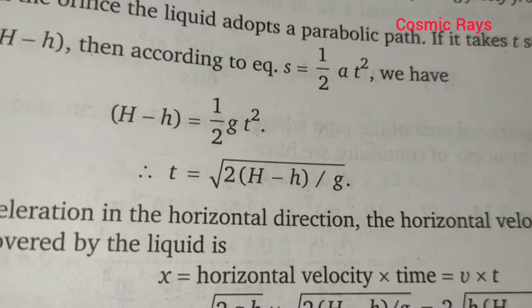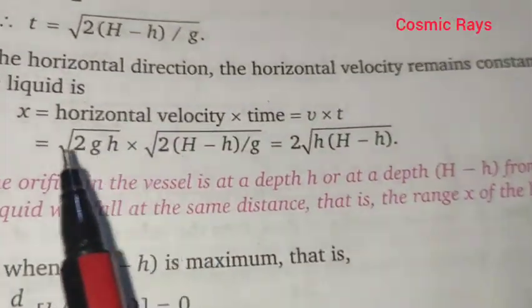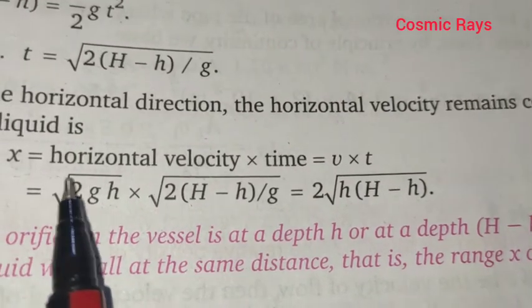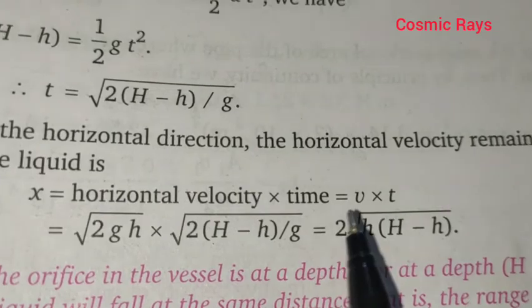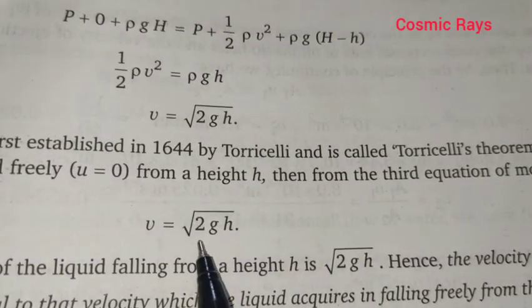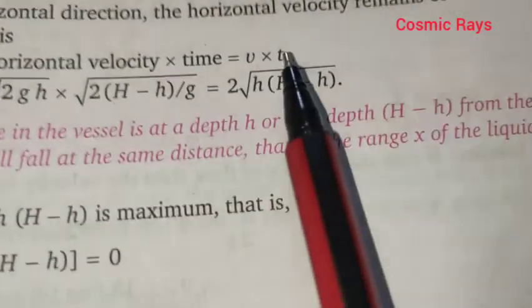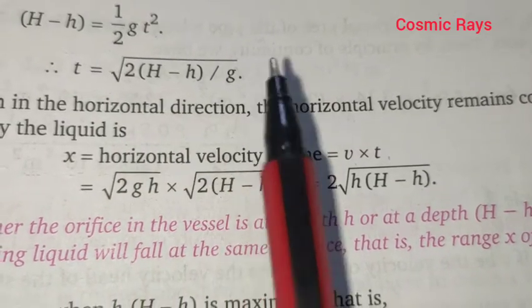Now if we have to find out the distance covered, this distance x, then we know that x is equal to horizontal velocity multiplied by time. So v into t. We have already calculated the value of v here. V is equal to root over 2gh, and we have calculated the value of time, that is root over 2 times H minus h upon g.